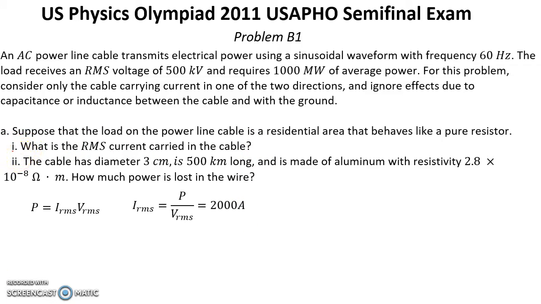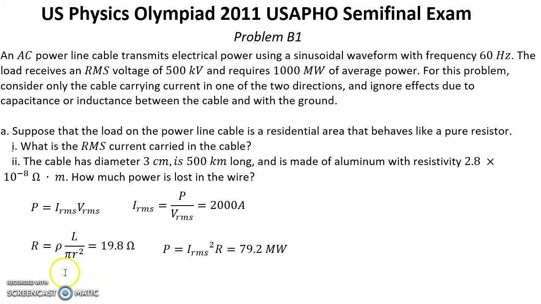Second question. First we need to calculate the resistance of this power line, which is resistivity multiplied by length and divided by cross-sectional area, which is pi r squared. After putting in the numbers we get 19.8 ohm.